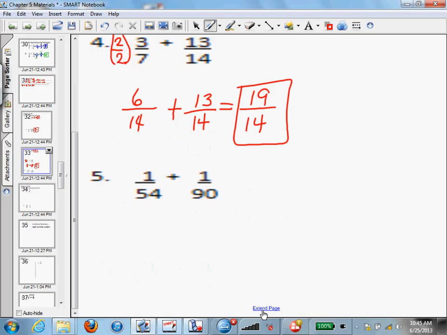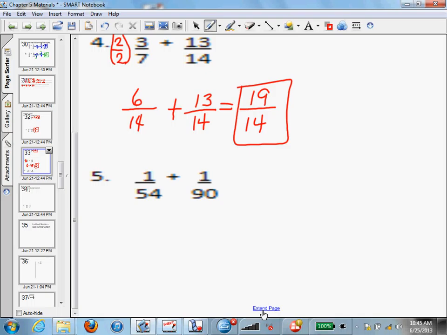And finally, for problem set 6, number 5 has 54 and 90 as the denominators, having the problem of 1 over 54 plus 1 over 90. So what we need to do is make something that both will go into. 54 will not go into 90, and 90 will not go into 54.